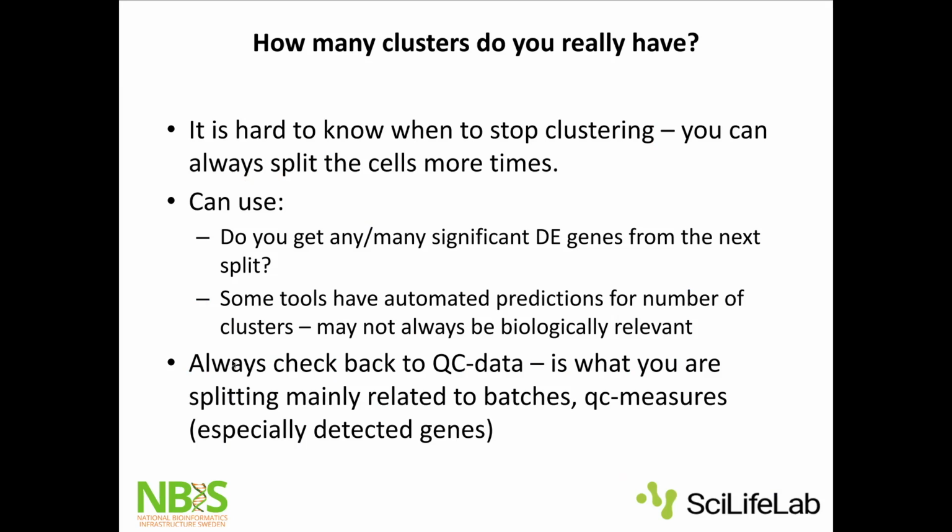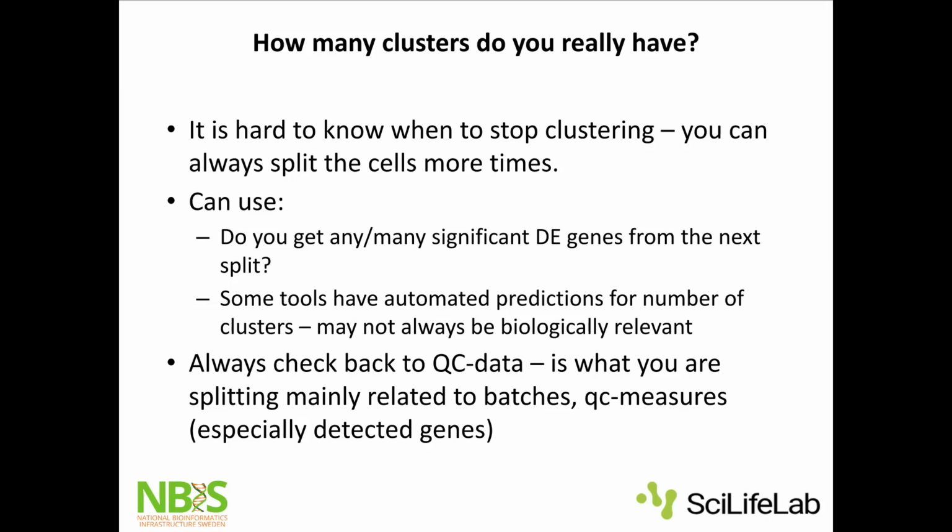Something that you can look at is, of course, differential expression. Once you have your clusters, you start comparing pairwise between your clusters. Do I really have any genes that separate these that make biological sense? It's not an easy thing to say how many clusters you have in one data set. It takes a bit of back and forth of looking at gene signals and figuring out what you actually have in your data.